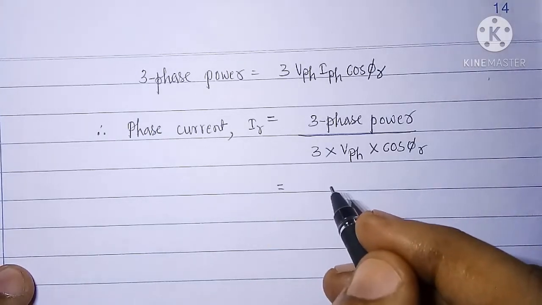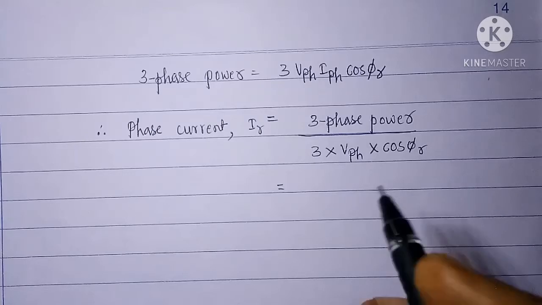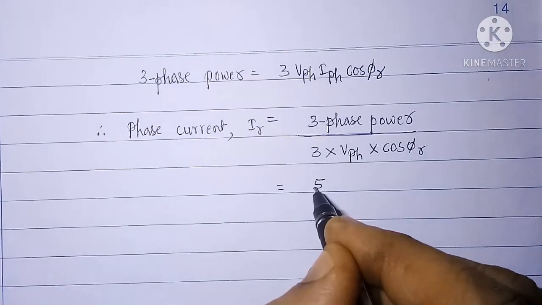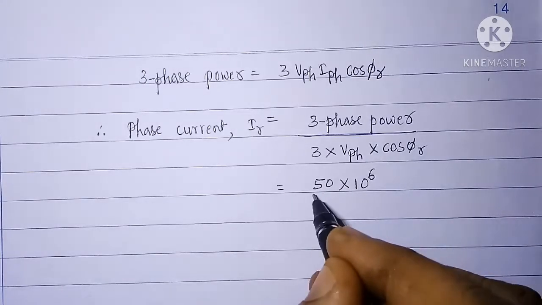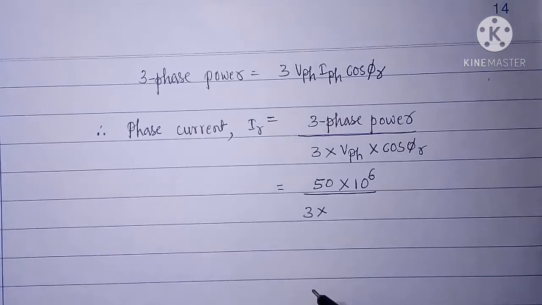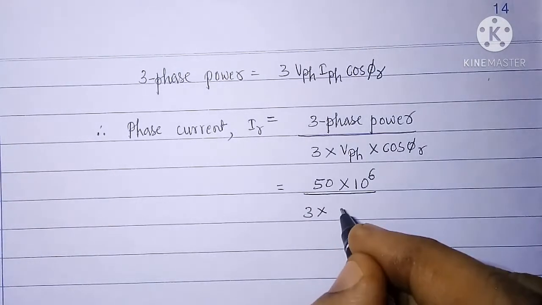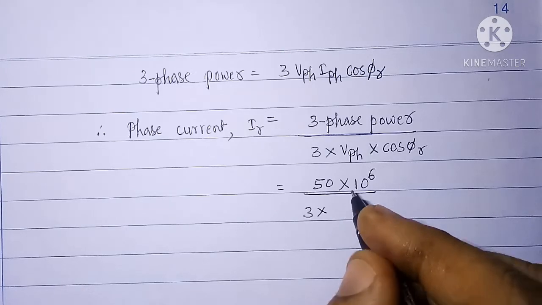Three-phase power is given as 50 megawatt. So it is 50 into 10 to the power 6 watts divided by 3 into line voltage 132 kilovolt. Therefore, phase voltage will be 132 divided by root 3.